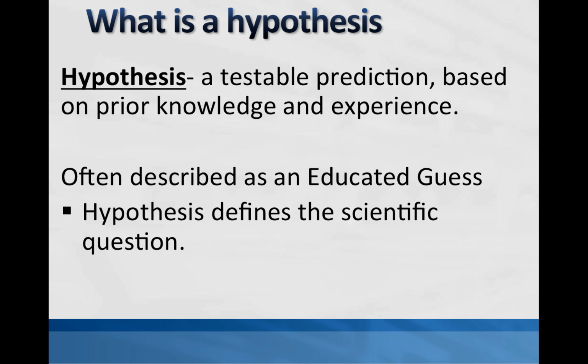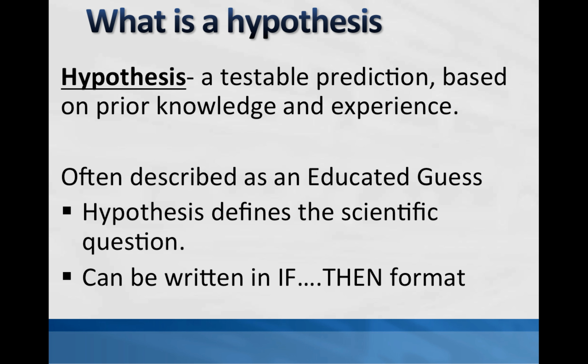What I recommend for my students is to use the if-then method. And using this format really helps you put your variables into the right areas. Most of the time you're going to have a control group which doesn't get the experiment for you to compare your results to. And then you have the experimental group. So those are usually the two groups.